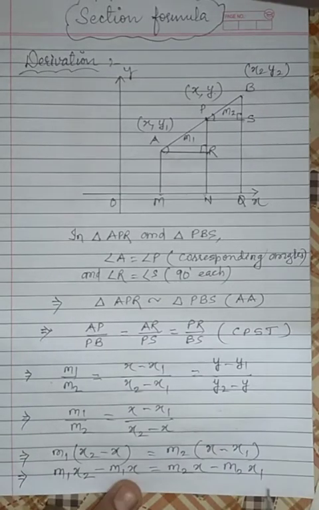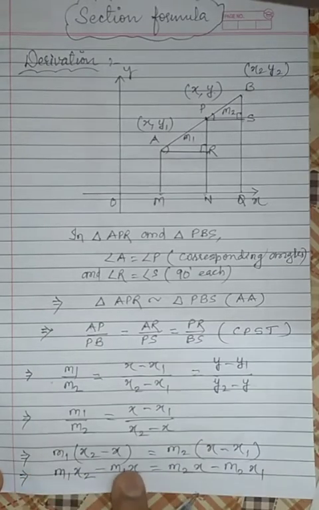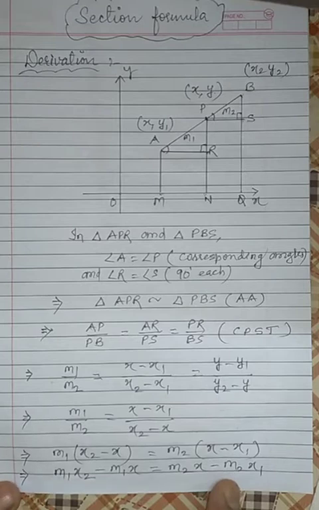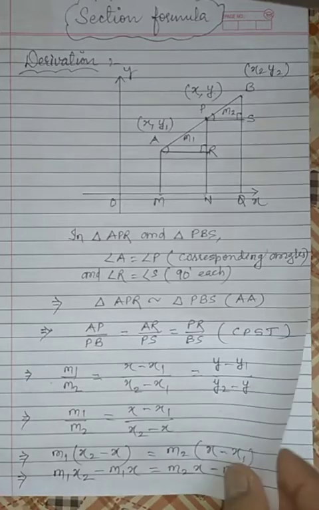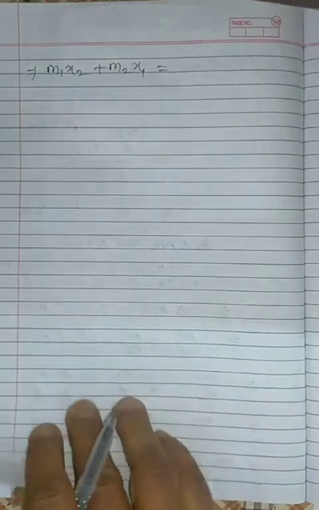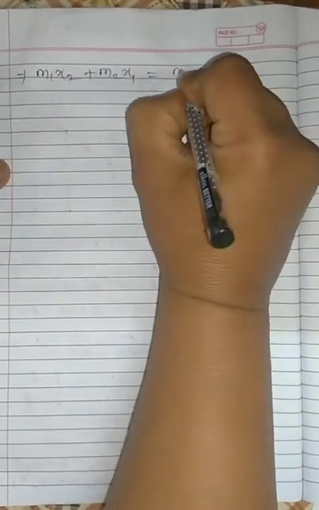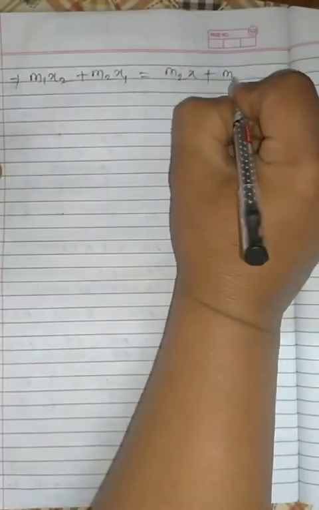So now I am going to transpose this one here, so it becomes plus, and this one here, so it becomes plus. So M1 x2 plus M2 x1 is equal to M2 x, and plus from here it goes, M1 x.